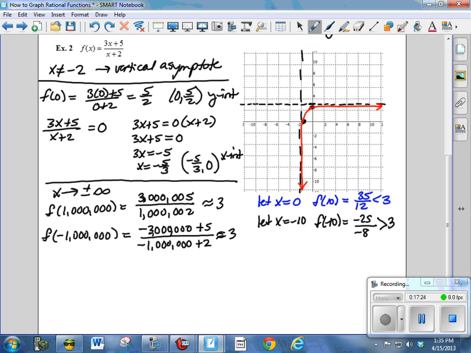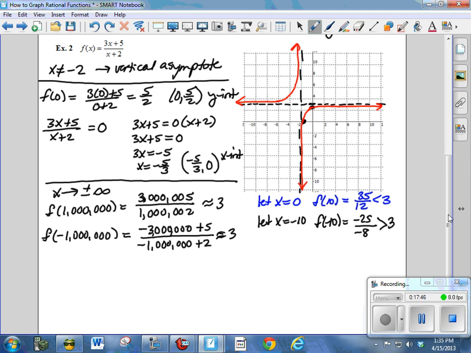So that means that I'm above the line y equals 3, and then I'm going to be coming up to positive infinity. So there's my graph.